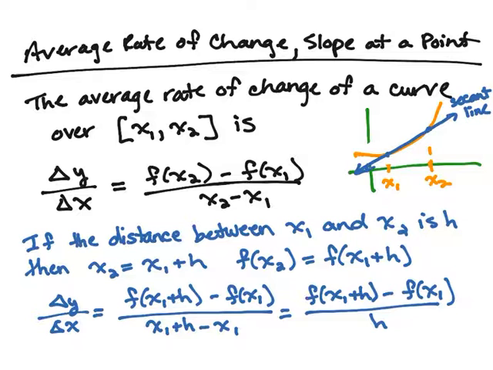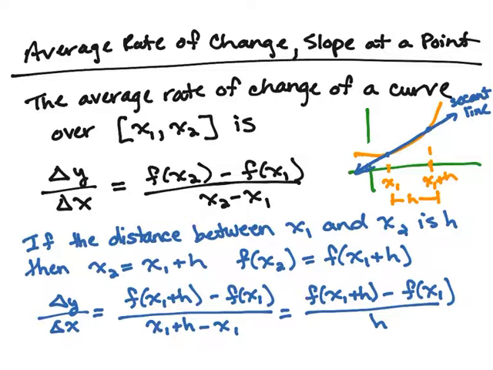Okay, now if instead of saying it's the distance between x1 and x2, I say that x2 is x1 plus some distance h, I can get a more generic formula here.